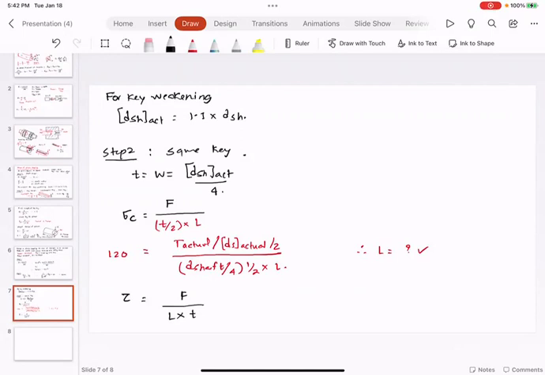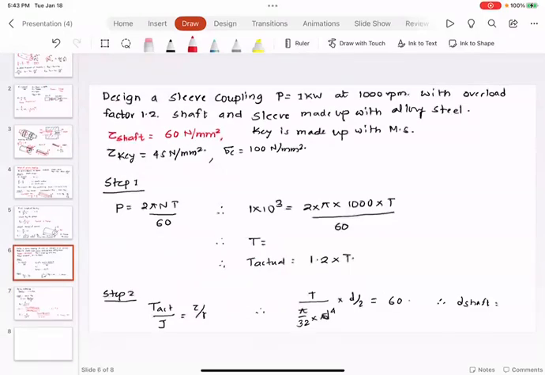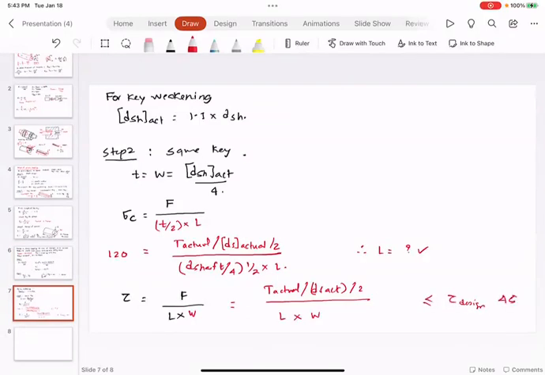So I'm just using T, but let me say W, T divided by W. F is T actual divided by D shaft actual divided by 2. L you know, W you know, and you have to make sure this is less than tau design. How much is tau design? 45 Newton per millimeter square.